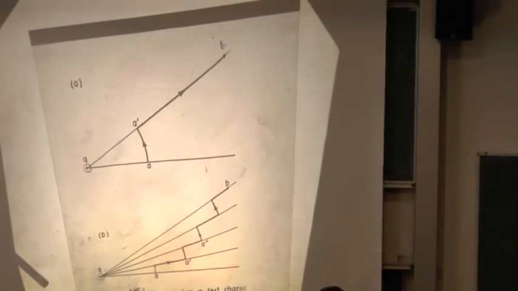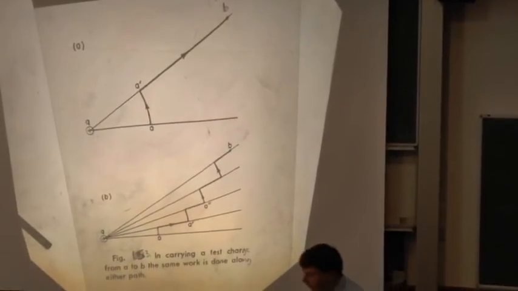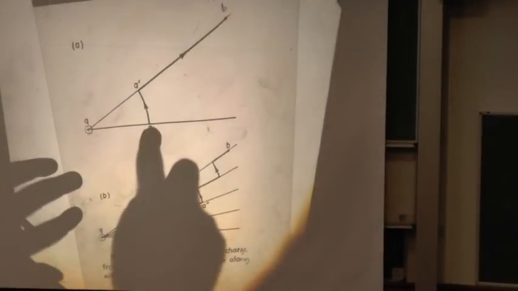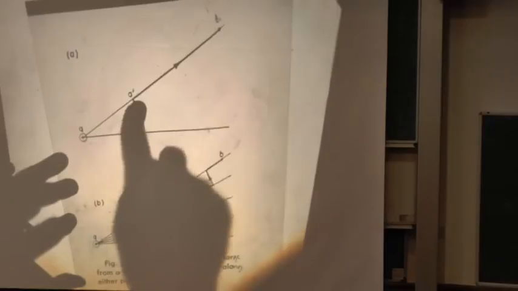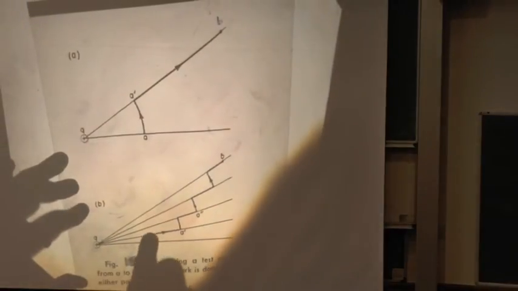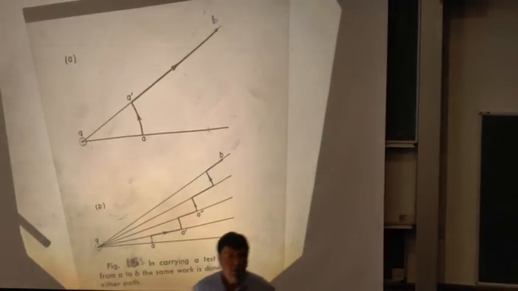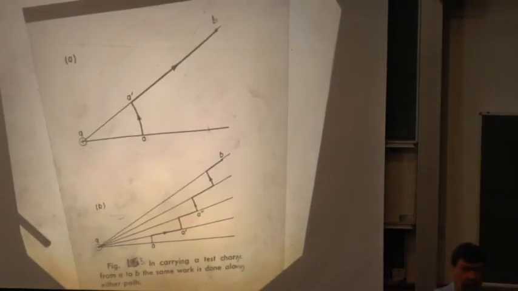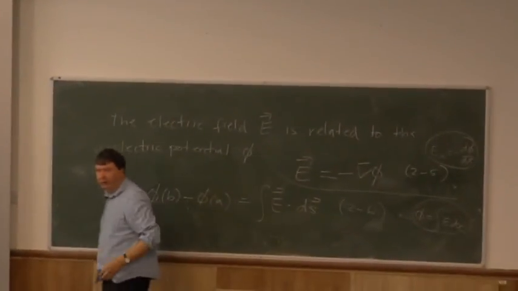You might think, oh, I could sneak around it, maybe gain a little bit of energy out of the field by going out radially a bit, then that way, then out that way. It doesn't matter how I go from one to the other. This is a path-independent integral, and that's precisely why I can define a potential at this point.